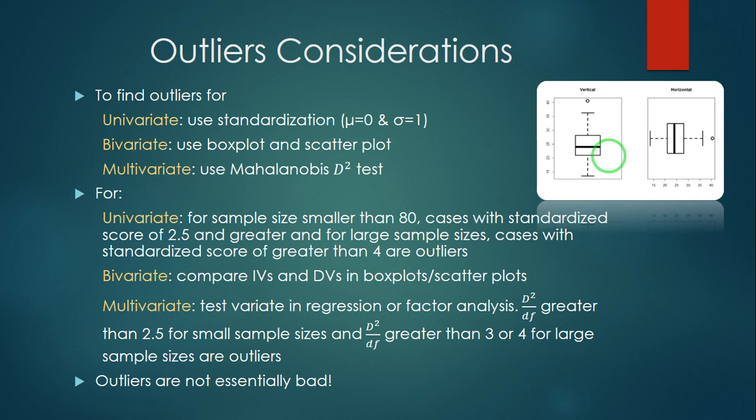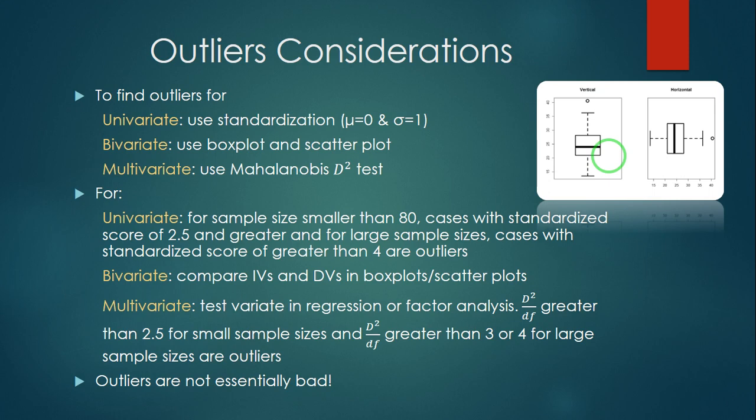Again, for univariate data analysis techniques, for sample sizes smaller than 80, cases with a standardized score of 2.5 and greater, and for larger sample sizes, cases with a standardized score of greater than 4 are outliers. In the bivariate data analysis, we compare independent variables and dependent variables in box plots or scatter plots. It's based on the nature of the variable, if they're categorical or numerical.